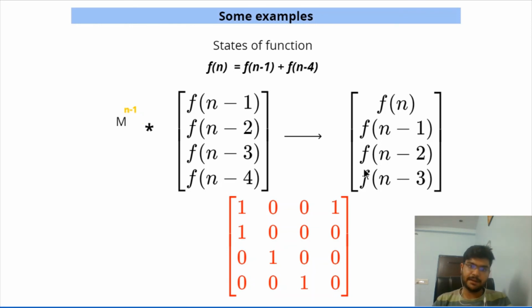This is the M matrix that we are going to form, and then we'll exponentiate it again as we did in the previous examples, and then we'll find the answer of f of n by multiplying with the base condition. So we are going to get f of 0, f of 1, f of 2 and f of 3 as the base condition. So we'll write it here, and then we'll multiply this exponentiated matrix with this to find the answer of the first term, that is f of n.